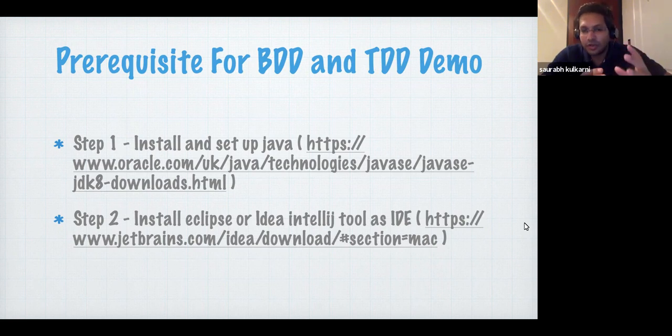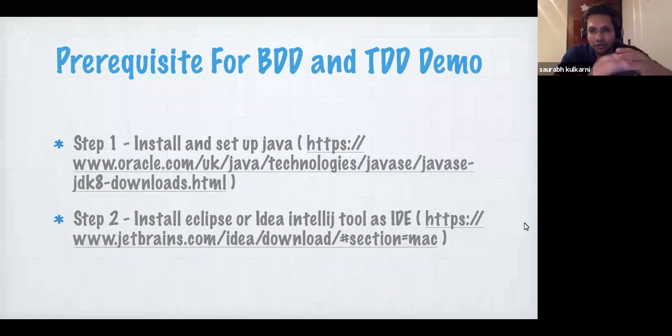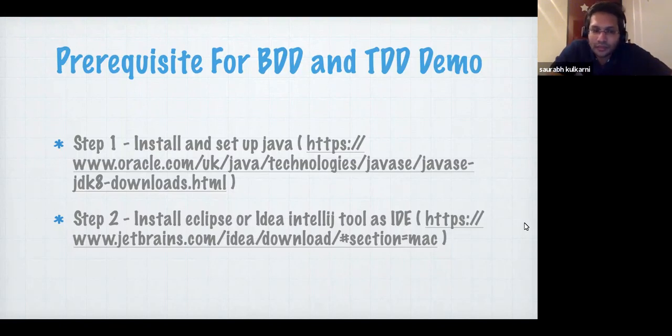But I'm trying to give you a simple example here, so that when the developer or tester says that they are doing this, you will know a flavor of what they are doing on the ground, and you will be able to relate to that.